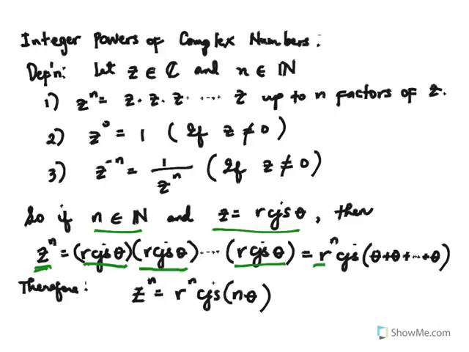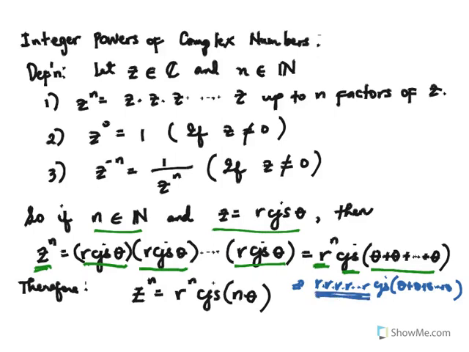That is equal to r raised to n times CJS theta plus theta plus theta plus theta and so on. Kasi ang mangyayari dyan ay magmumultiply, di ba? Magmumultiply lahat ng moduli, r times r times r times r and so on. Tapos mag-a-add lahat ng arguments. Okay? Kasi yun yung shortcut natin para sa multiplication ng polar forms.